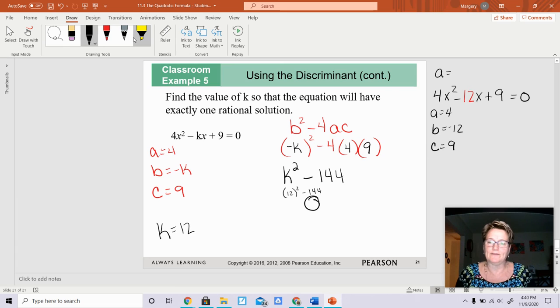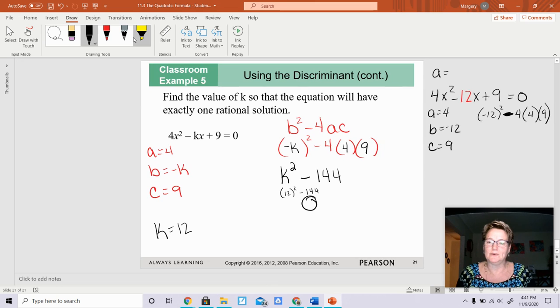So you would have negative 12 squared, minus 4 times A is 4, C is 9. So you would have 12 squared, which is 144, minus 144, and yes, it would give you 0. They just want to know what K is. Alrighty?